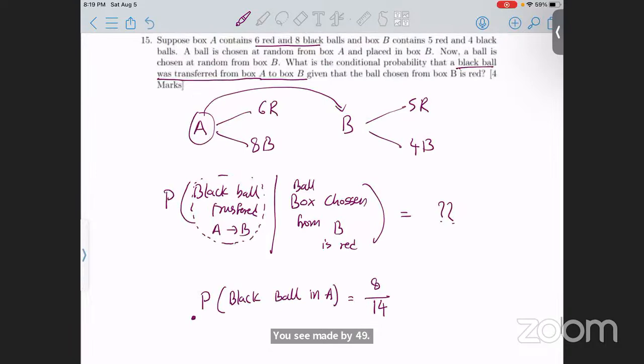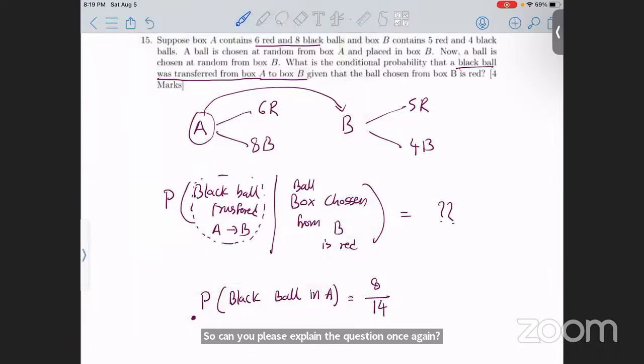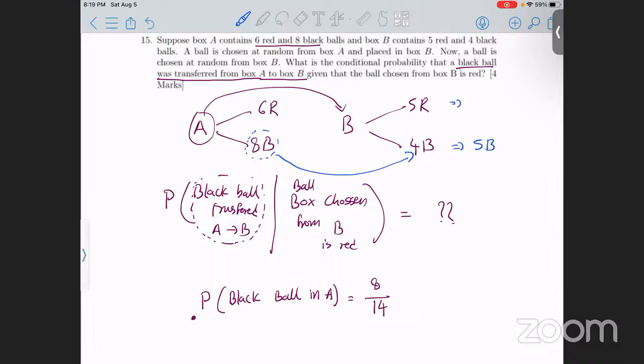Look, if you transfer this one black ball here, that means box B becomes 5 red and 5 black. Agree? So out of 10, the probability of a black ball is 5 by 10.